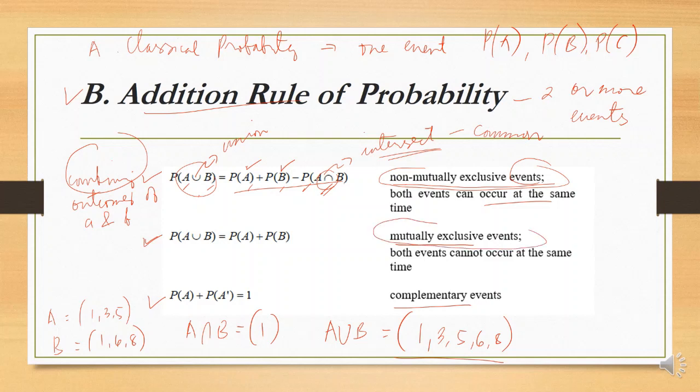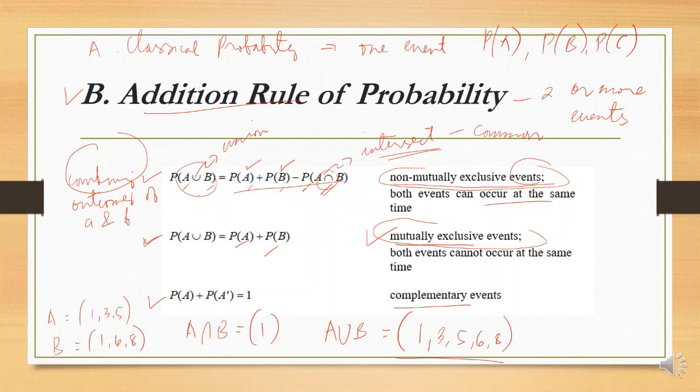Okay? So, let's have the second formula which is for mutually exclusive events. So, kapag meron tayong dalawang events, we need first to identify if they are non-mutually or mutually exclusive events. So, if they are mutually exclusive events, they cannot happen at the same time. We simply add the probabilities of A and B. Period. Okay?